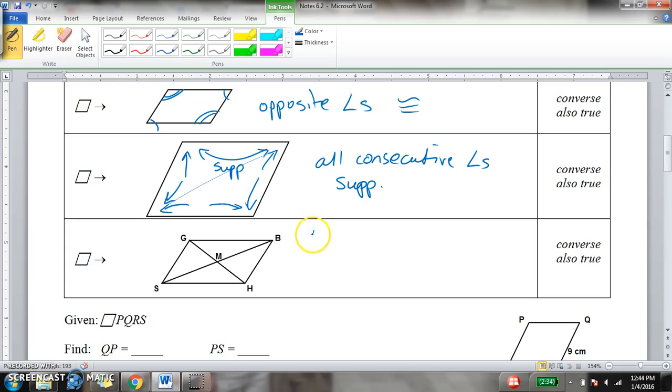And the last thing about parallelograms is that the diagonals, which means the lines that go from one corner to the opposite corner, so for example, segment SB would be called a diagonal, bisect each other. Bisect means to cut in half.